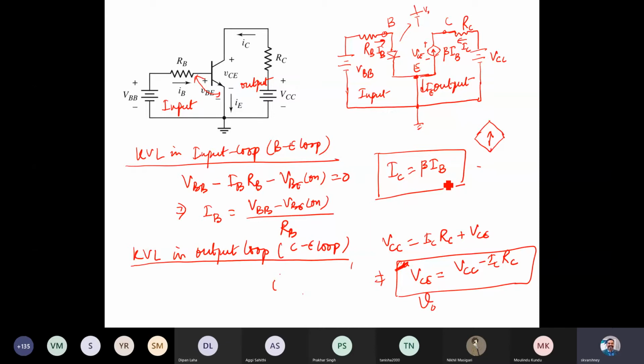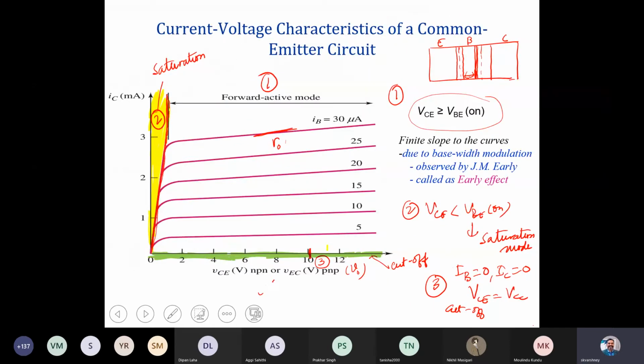In that case IB would be 0, IC is 0, so your output VC would simply be terminated to VCC. Whenever the battery applied is less than VBE on, IB is 0, IC is 0.